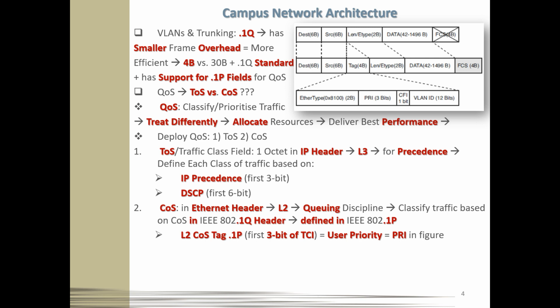Why do we need to classify network traffic at all? Classifying network traffic allows you to see the kinds of traffic you have in your network and therefore treat some types of traffic differently than others. So, for instance, identifying and organizing network traffic allows you to allocate network resources in order to deliver the best performance for each type of traffic.